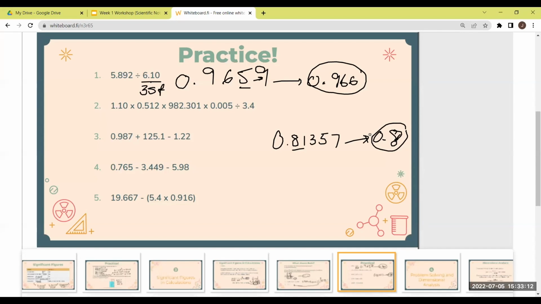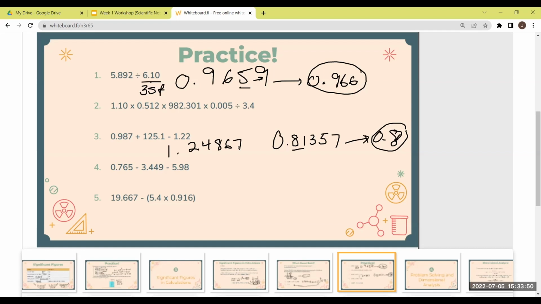The next problem is going to be 0.987 plus 125.1 minus 1.22. And that's going to give us an answer of 1.24867.